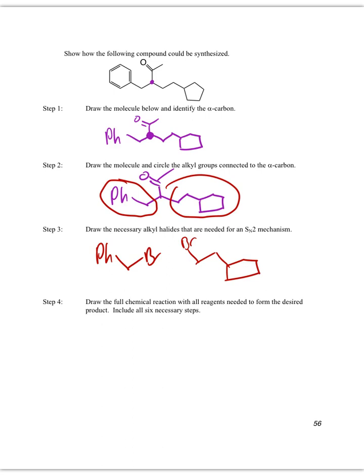Now, what chemical reaction would we do? We would start with ethyl acetoacetate. We would add ethoxide. We would add a benzyl bromide, phenyl CH2Br. Don't lose the CH2, it's important. Then we would add more ethoxide.